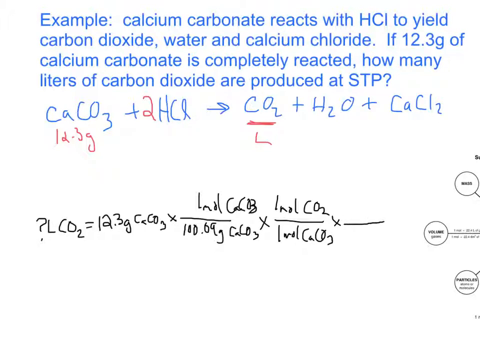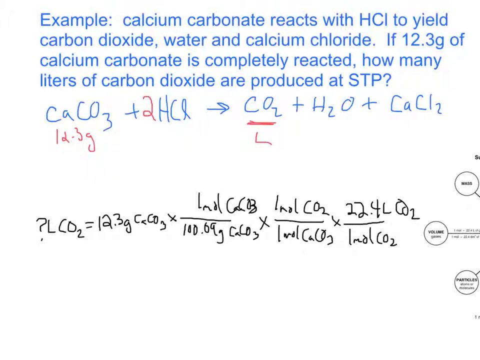Now we have it in moles of CO2. We don't really need to worry about the molar mass of carbon dioxide because they didn't ask us to say how many grams. We're supposed to give the output in liters of CO2. We know that a mole of any gas, and CO2 is a gas, at standard temperature and pressure is going to be 22.4 liters of that gas.